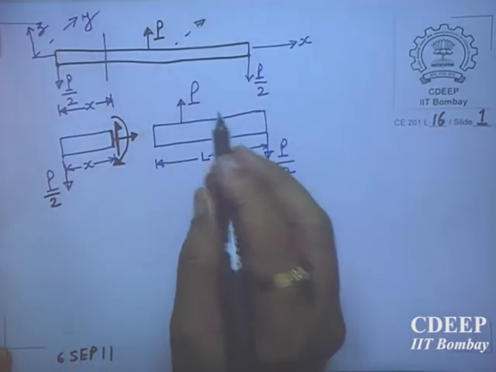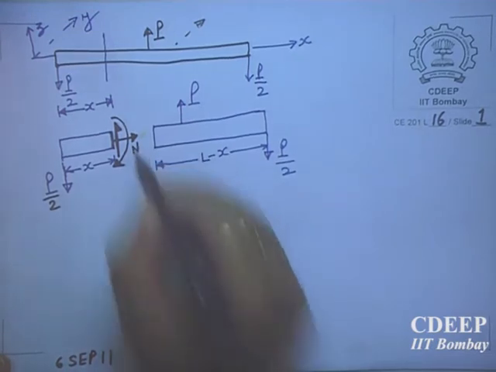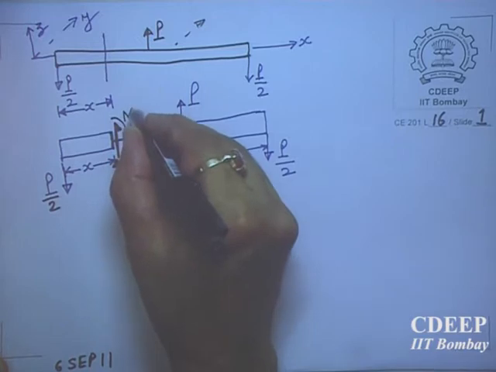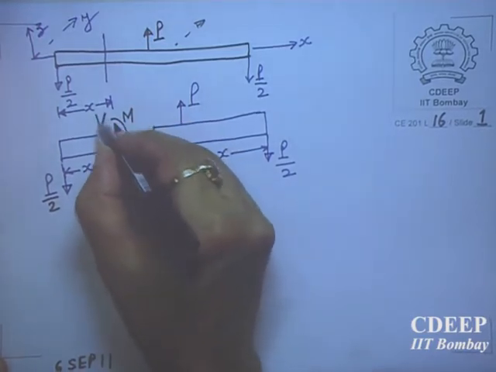Let us call this N, this M, and this one V, capital V.